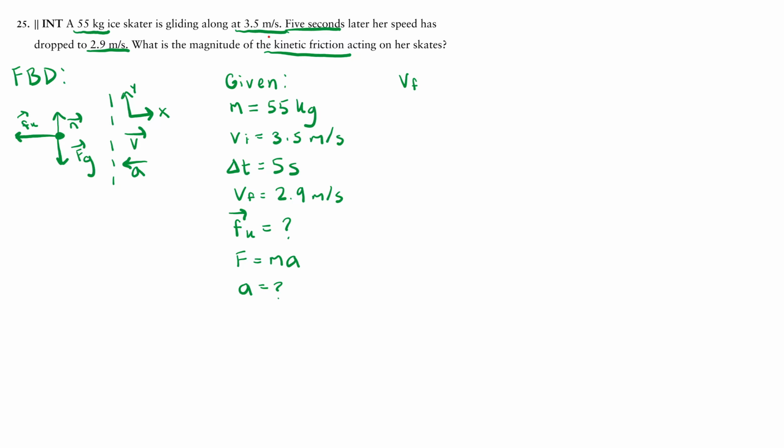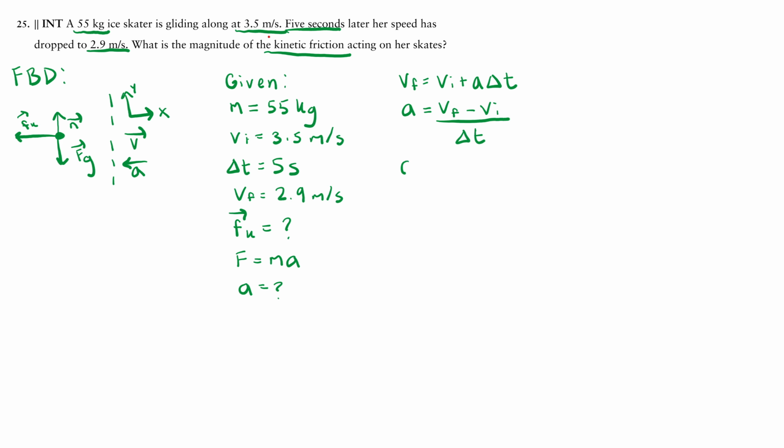Specifically that the final velocity is equal to the initial velocity plus the acceleration times the change in time. And we have the final velocity, initial velocity, and change in time. So we can rewrite this equation to solve for the acceleration. And that'll be the final velocity minus the initial velocity over the change in time.